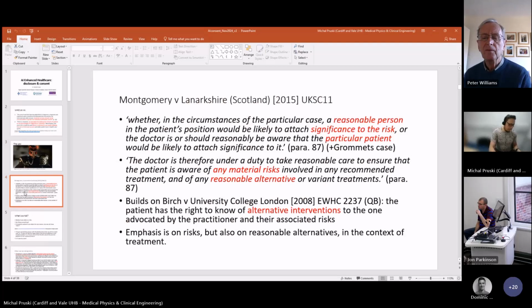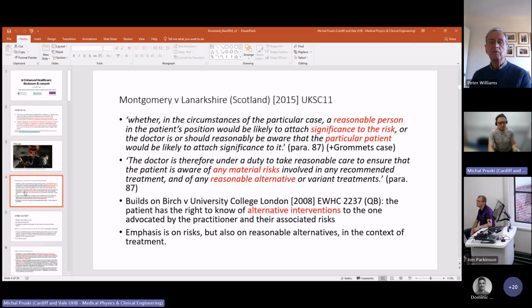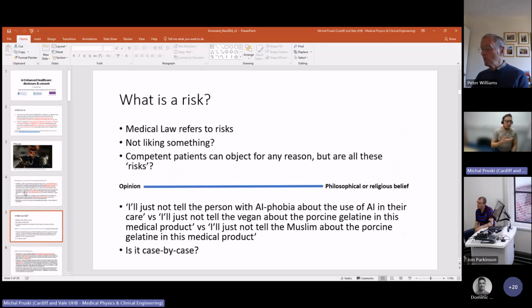And I think this theme of risk and that theme of reasonable alternatives will appear a couple of times in my talk. So if we move to risk, which medical law refers to, I don't think it's obviously clear what it means, because there's a physical aspect of risk, that you can have the risk of infection or risk of that happening, whatever.